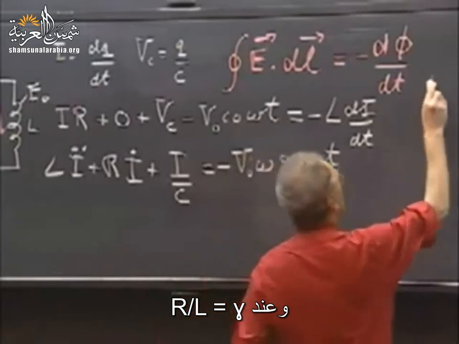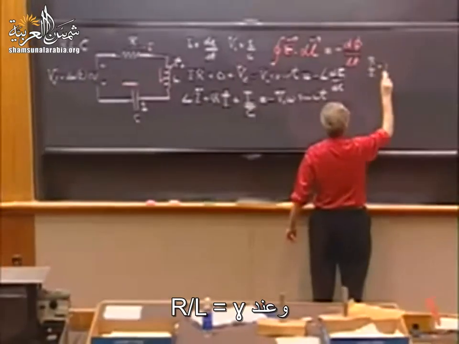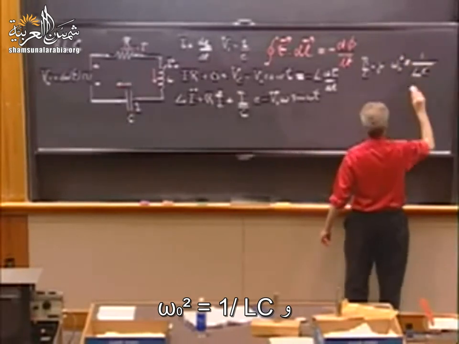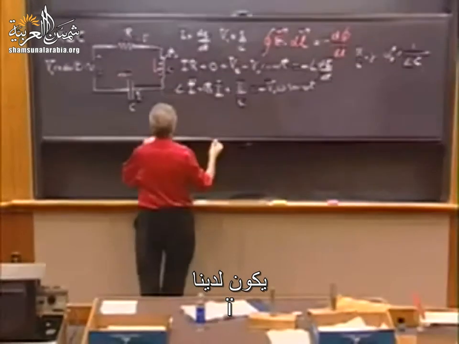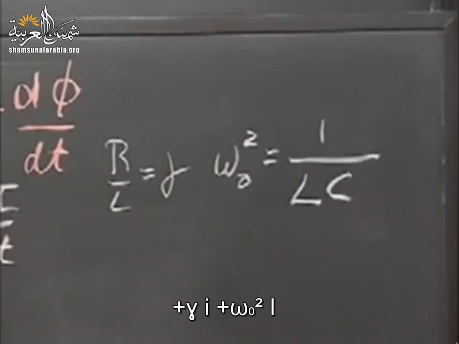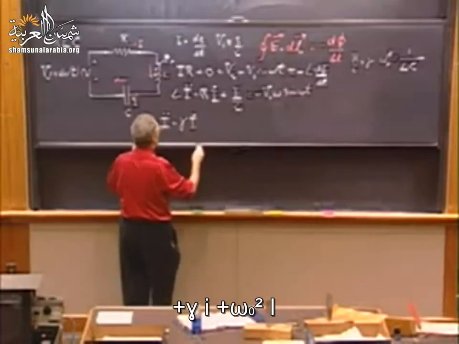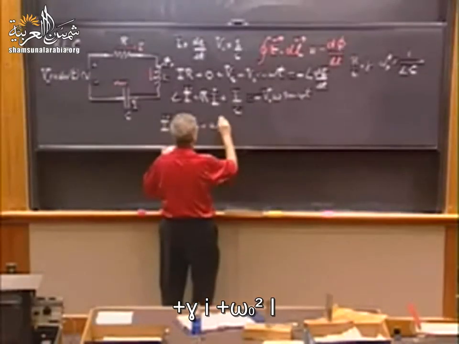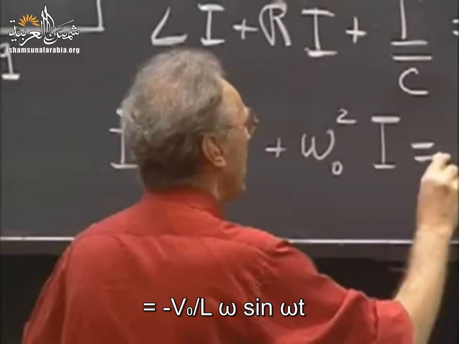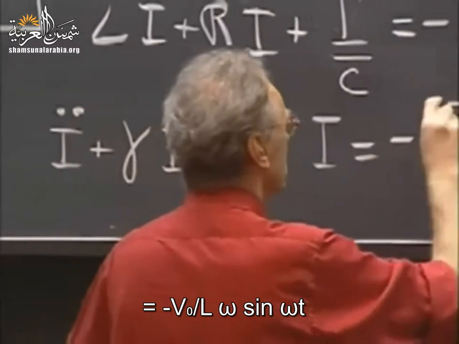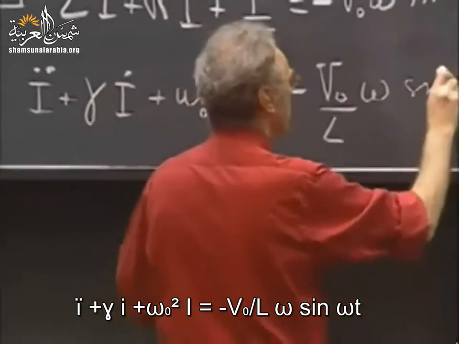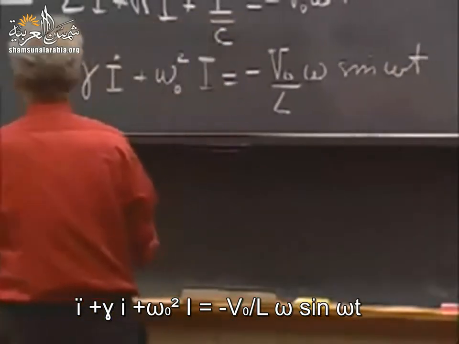And so with R over L gamma, and with omega 0 squared equals 1 over LC, this becomes then I double dot plus gamma times I dot plus omega 0 squared times I. That now equals minus V0 divided by L times omega times the sine of omega t.